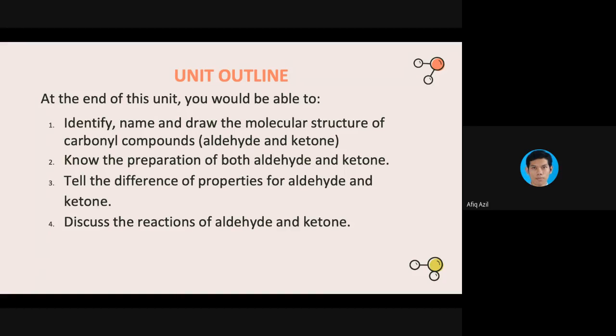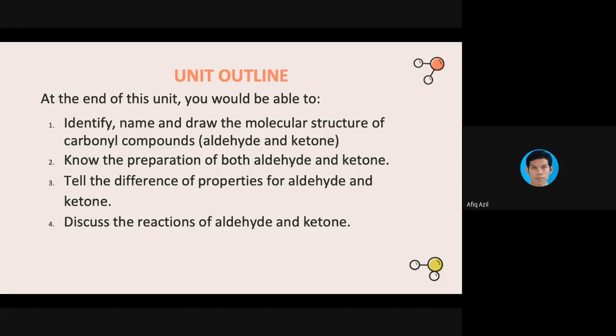Number two is you should be able to know the preparation for both aldehyde and ketone. Here I have included several types of synthesis by which we can obtain carbonyl compounds. Then we will see some of the differences in properties for aldehyde and ketone.